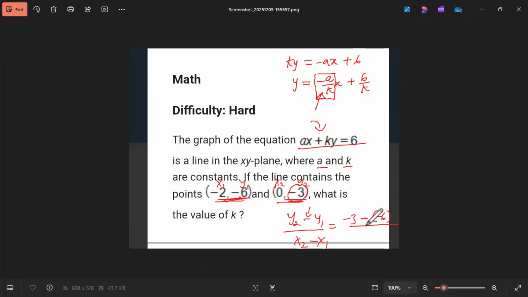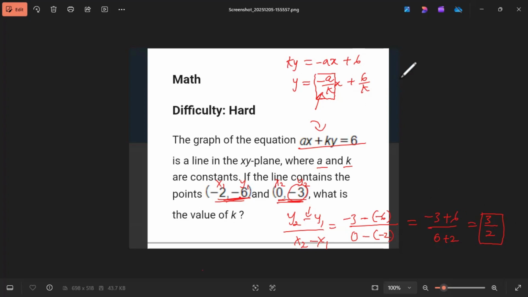I put it down so that you don't get confused. Then 0 minus, and we have another minus 2 again. Be careful here. This will give us minus 3 plus 6, and here will give us 0 plus 2, and that will give us 3 upon 2. That's the slope, 3 upon 2. Does it make sense? Yeah, it's 3 upon 2.